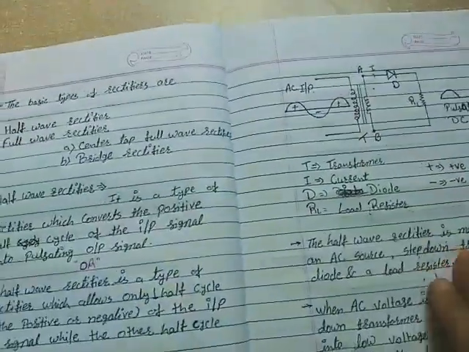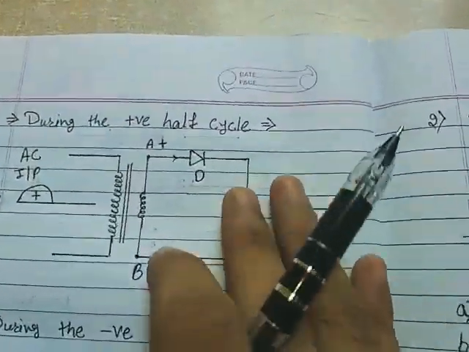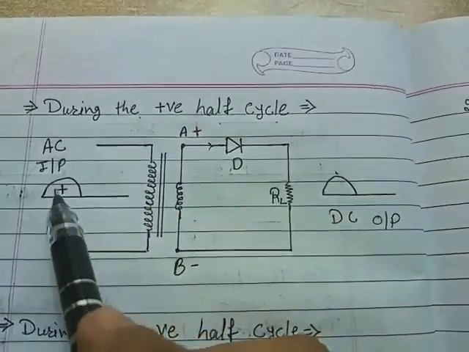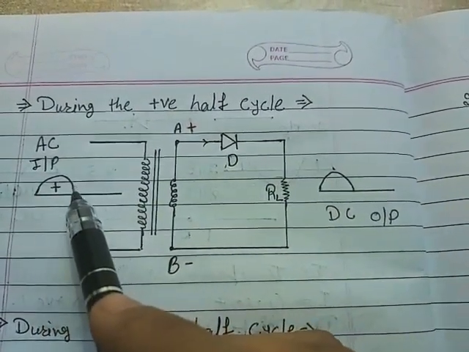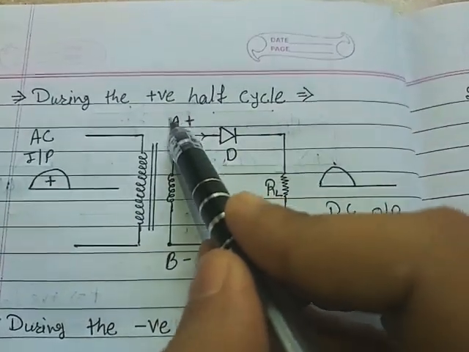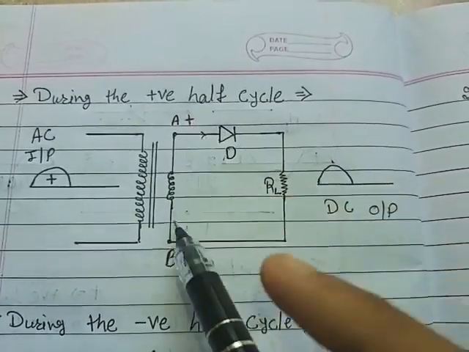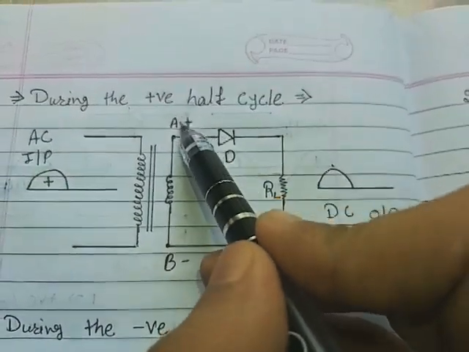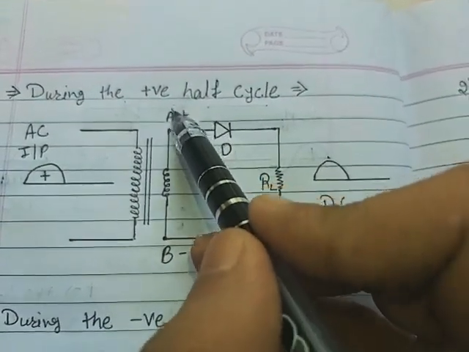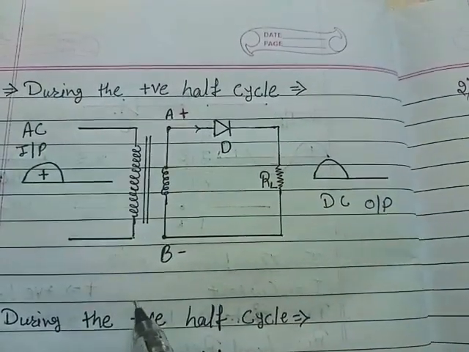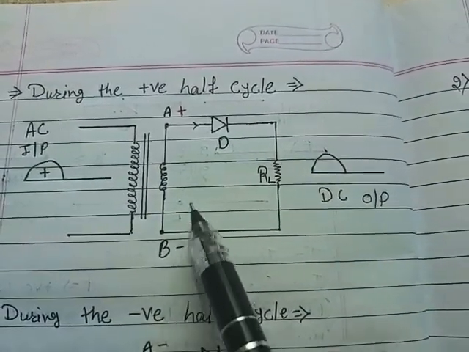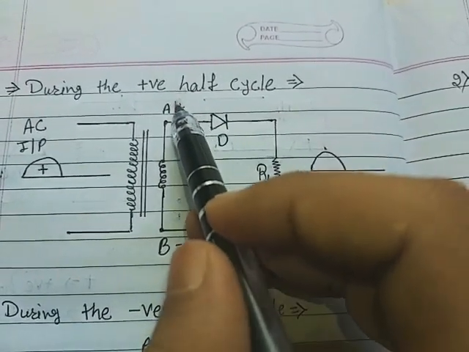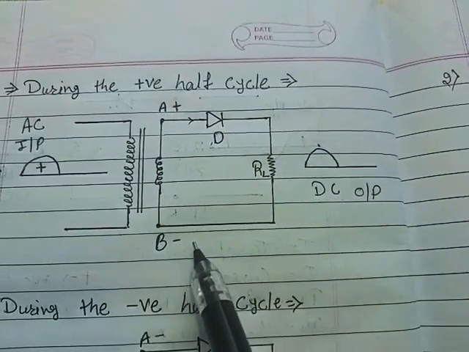Now let's see what happens when the positive half cycle is applied. During the positive half cycle, terminal A becomes positive and terminal B becomes negative. Hence we consider that terminal A is positive and B is negative.